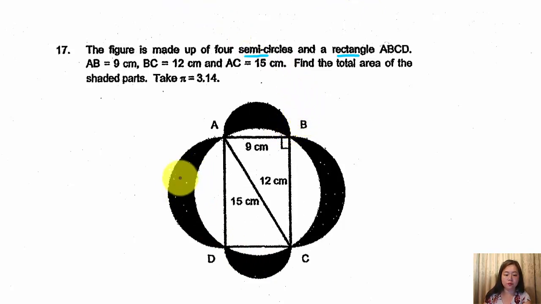For example, let's call this A1, A2, A3, and A4. So you can tell that here to here is actually made up of a large semicircle.